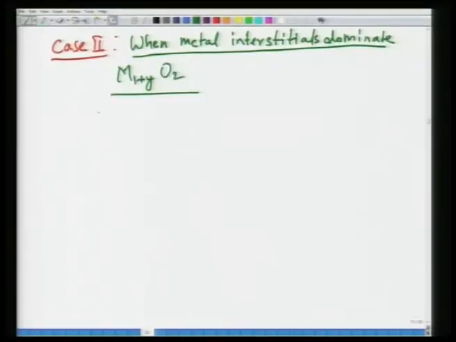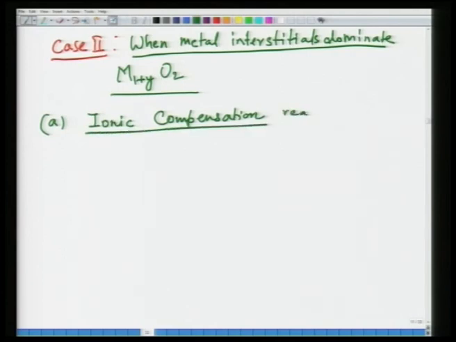So, again the possible reactions: first reaction could be your ionic compensation, which basically would lead to, in this case when you have excess metal, the metal tends to go to metal interstitial site.